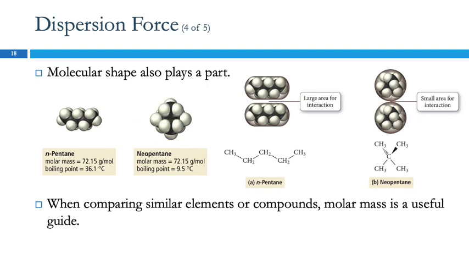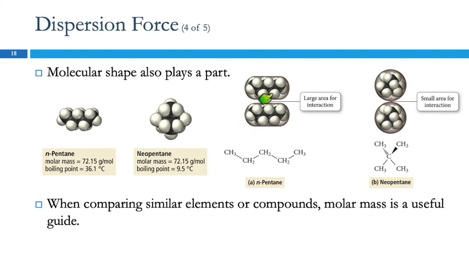And we can understand that by looking at the shape. This one is more long and skinny, kind of a cylinder shape. And so these two molecules can interact across this area here. In order for the dispersion force to act, you have to be able to get close to the other one, right?